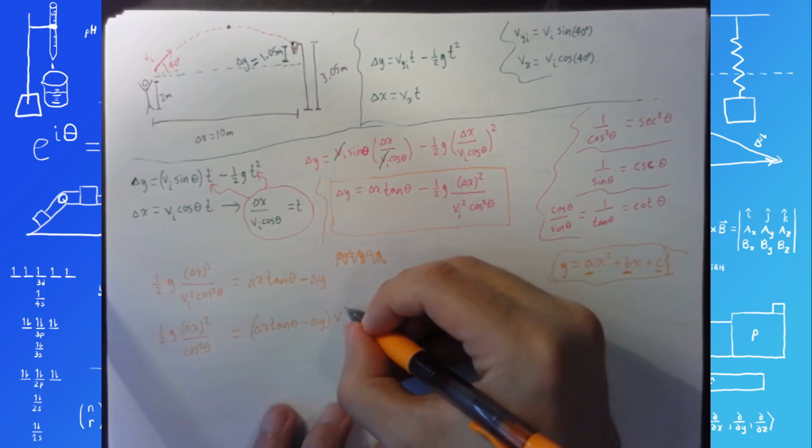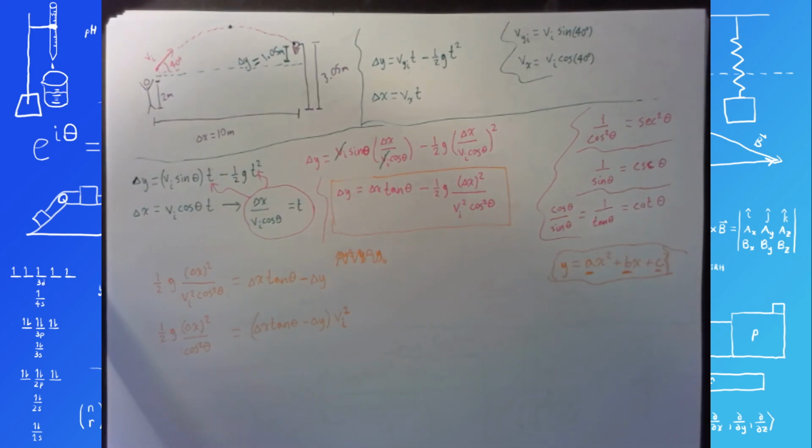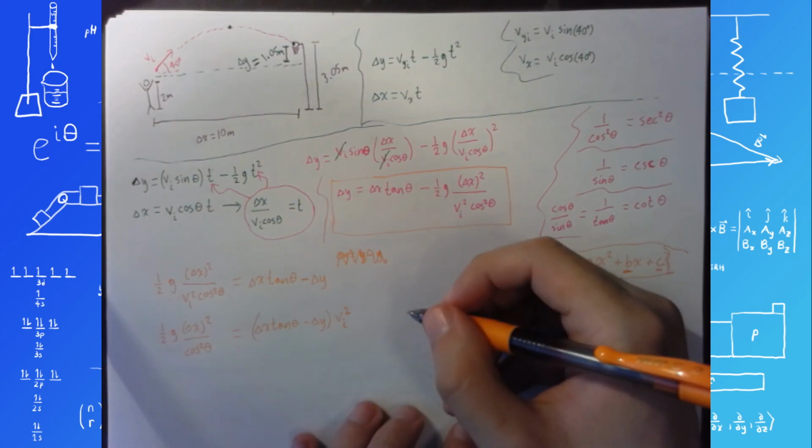And I'm not going to distribute v initial squared because I don't need to. I can now just divide by delta x tan theta minus delta y over to the left-hand side, and I have an expression for v initial squared.